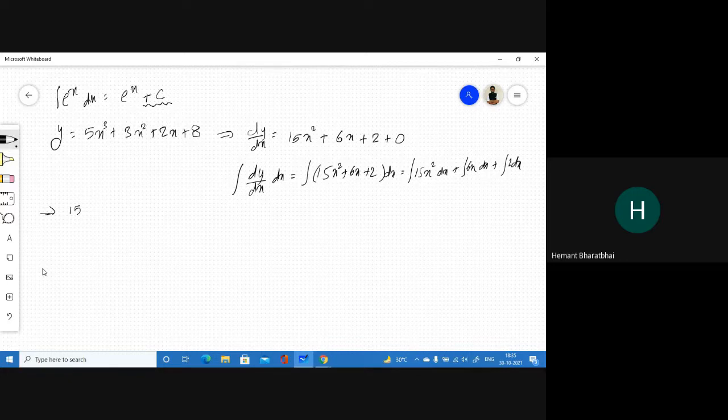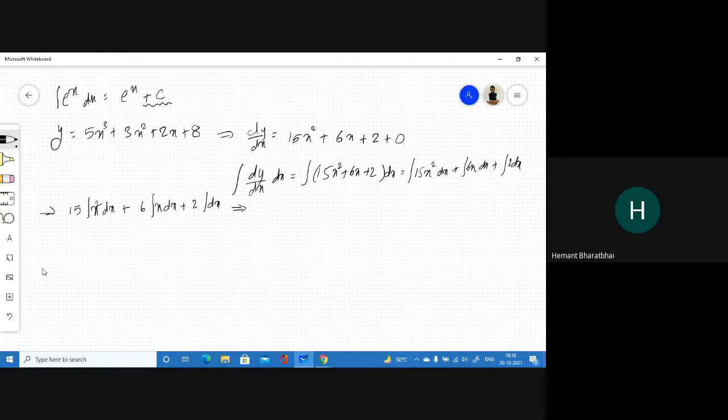So let us try. Now I'm taking integration of this derivative. Constants will always come outside derivative, integration, limit, summation, and so on. So this constant will come outside integration. So 15 times integration of x squared dx, 6 will come outside integration of x dx, and 2 will come outside integration of dx.